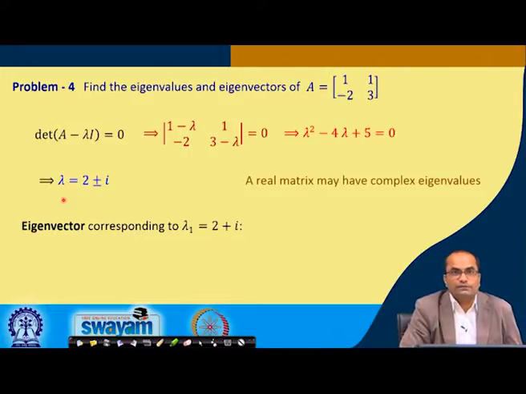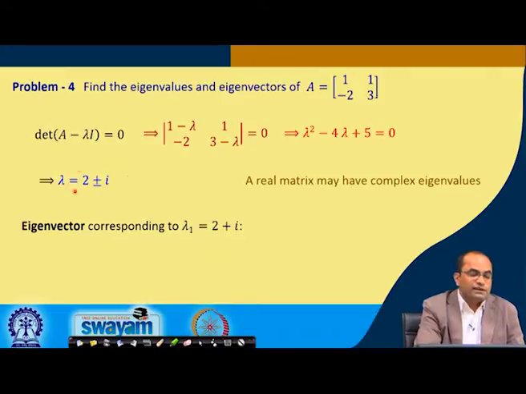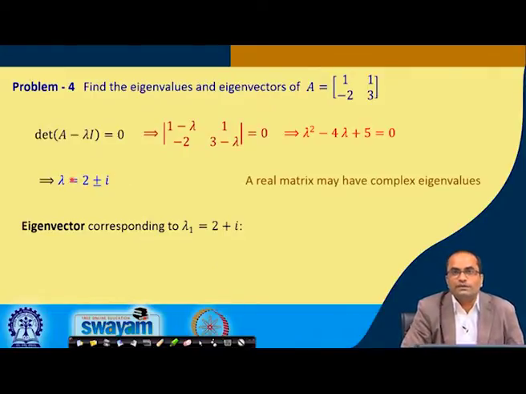Then eigenvectors corresponding to the first eigenvalue, 2 plus i. We have one eigenvalue 2 plus i, another one is 2 minus i, and we will see later on that these eigenvalues will always appear in conjugate form, as roots always appear. Not only that, we will have something more interesting for the eigenvectors corresponding to these conjugate eigenvalues.